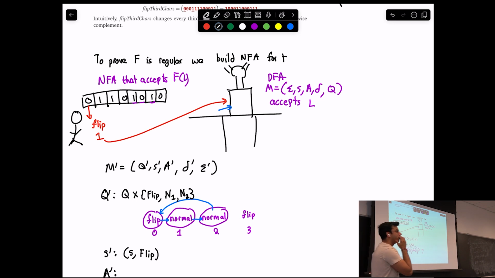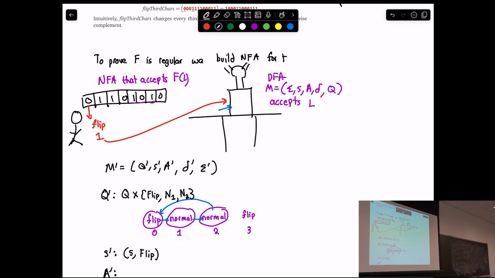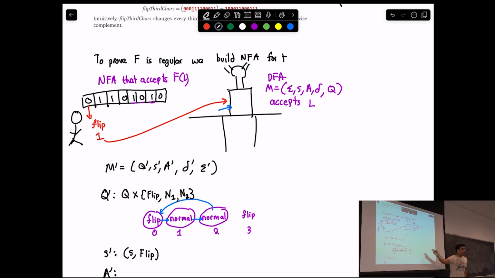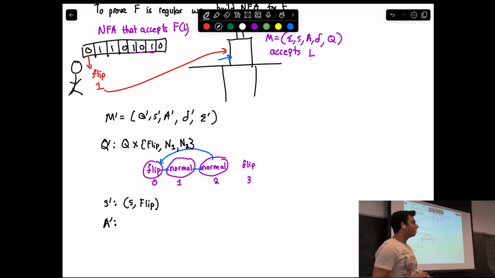So, if I have strings of length 0, whether or not I accept is just determined based on whether the DFA accepts epsilon. If I have strings of length 1, that means I flip the first bit, pass it in, and see if the DFA accepts. If I have strings of length 2, I flip the first bit, pass the second bit as is, and see if it accepts. The point is, it doesn't matter whether my flag, when I accept, is in flip, N1, or N2. Because my strings can vary in length, and as long as I've made sure that I've flipped the right characters, I'm okay. I think.